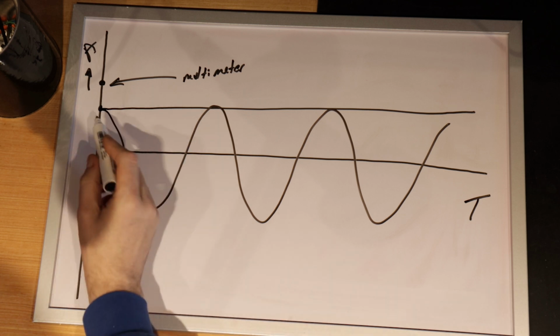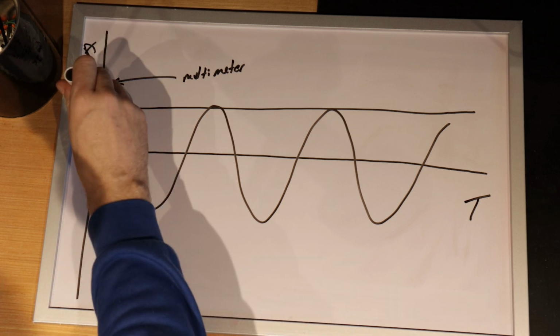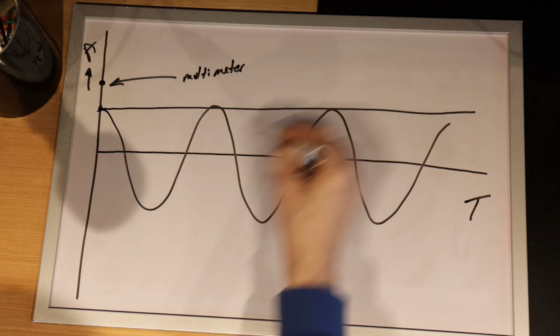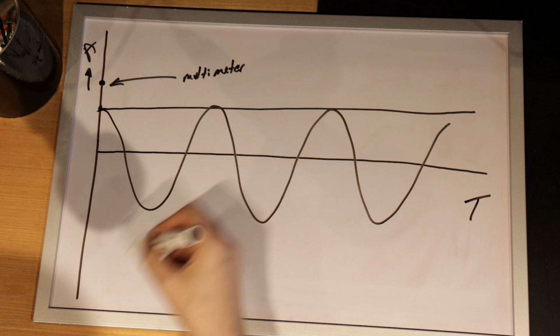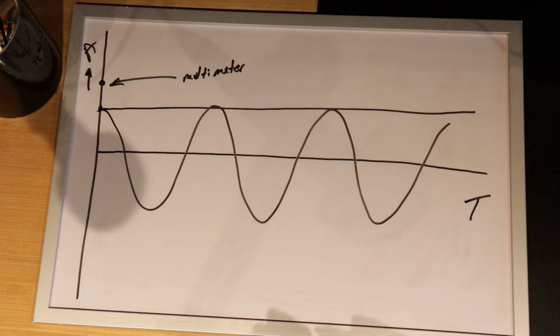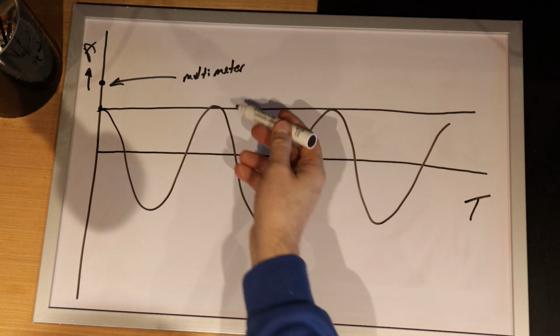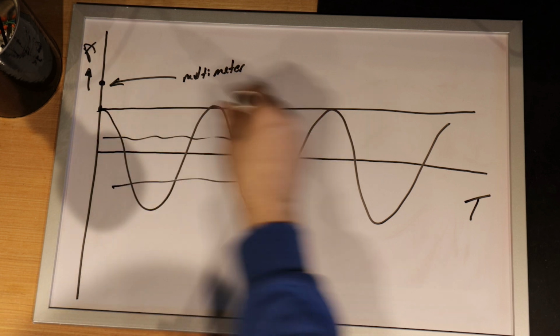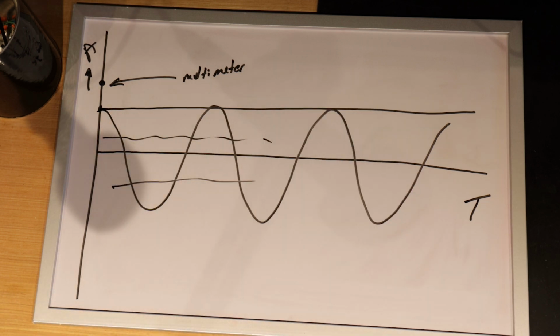A multimeter is just going to give you the spot at that time. If you're looking at an AC, then it's going to be going up and down, up and down, up and down, up and down. If it's too fast for the display to change, you're just going to get a reading which is somewhere in the middle, but not very useful.